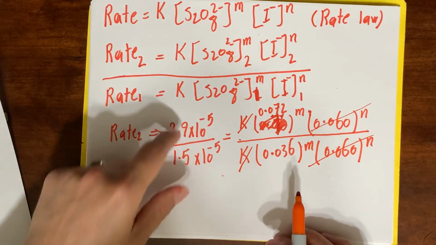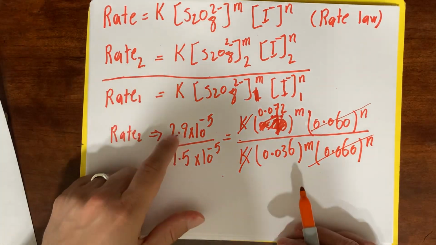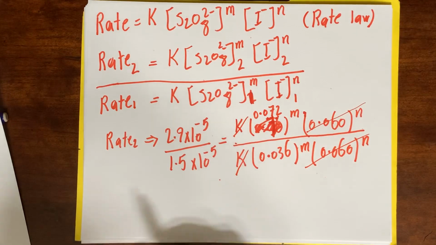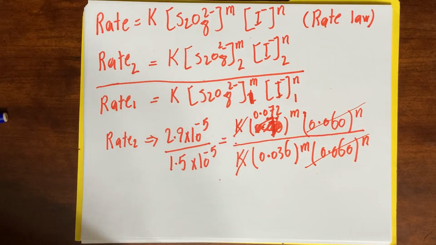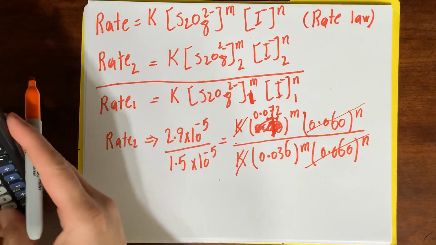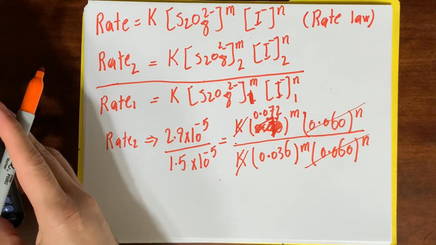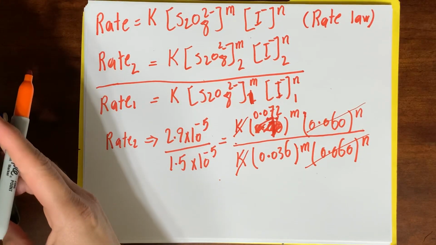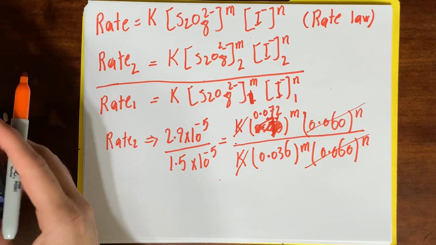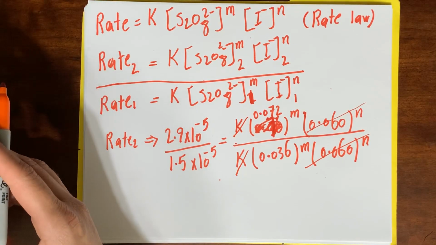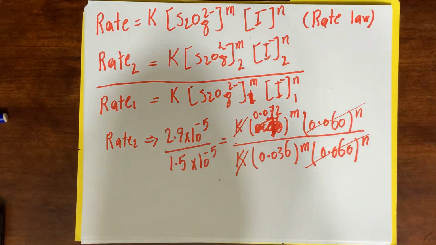Whatever is left is 2.9 divided by 1.5, so it's 1.93.